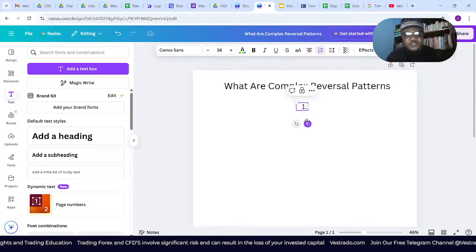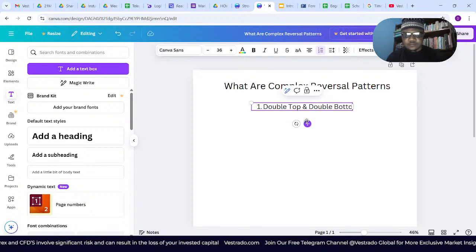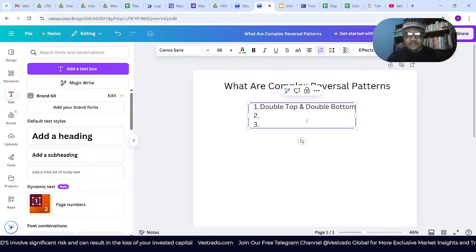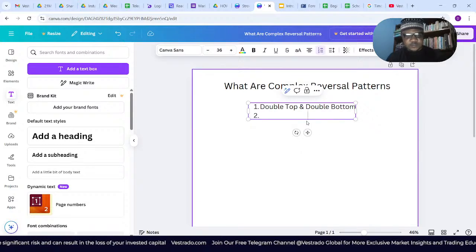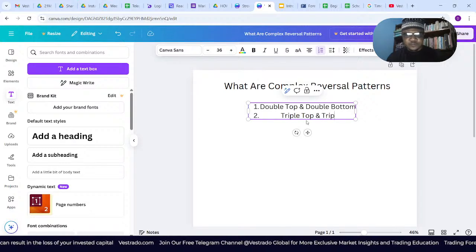First, the double top and double bottom. Next, the triple top and the triple bottom.